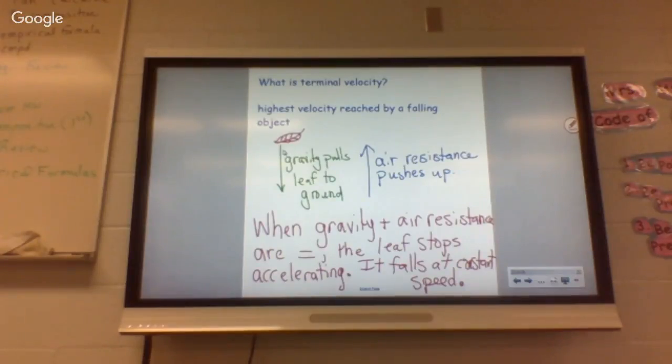It's like in a race car. You're accelerating and accelerating. You've maxed out the speed on the car. Can you make the car go any faster? No. You've reached the maximum speed of the car. That's terminal velocity.